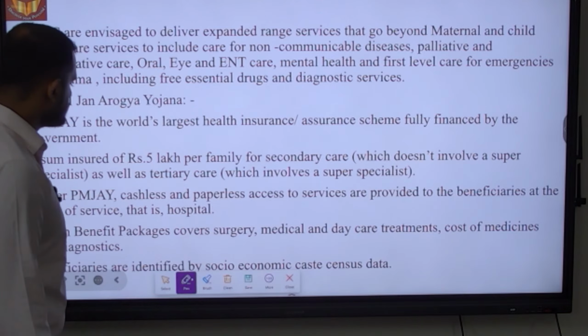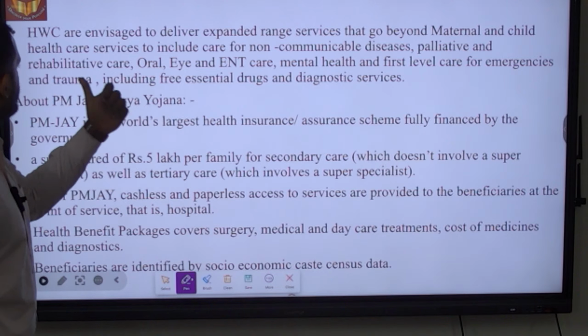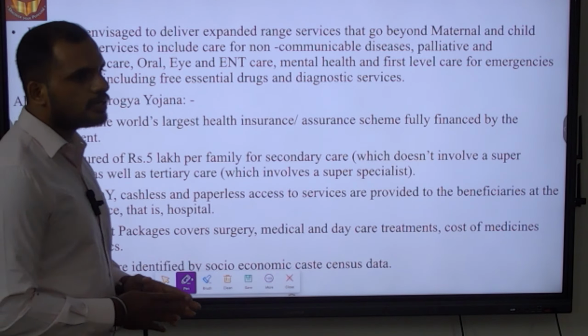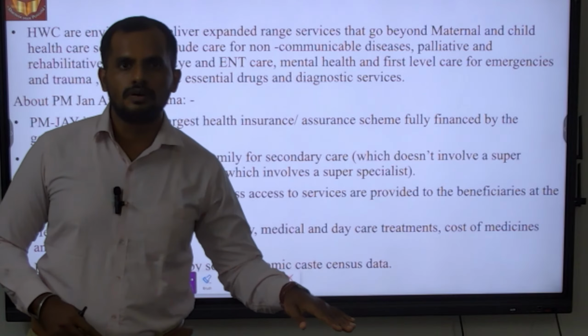So health and wellness centers are envisaged to deliver an expanded range of services that goes beyond maternal and child healthcare services, to include care for non-communicable diseases, palliative as well as rehabilitative care, oral, eye and ENT care, mental health and first level of care for emergency trauma, including free essential drugs and diagnosis centers. That is, they wanted to provide comprehensive medical treatment at the primary healthcare stage itself.